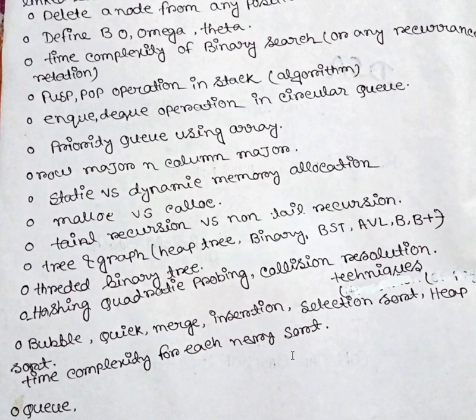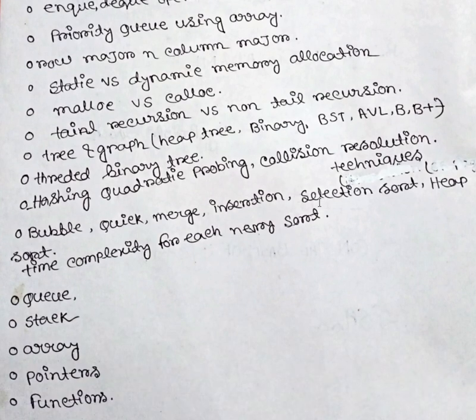If you don't know how to find out the time complexity of these sorting algorithms, then it will not be a very big problem, but you have to go through dynamic and static memory allocation, also recursion, and what the difference between tail recursion and non-tail recursion is, etc.